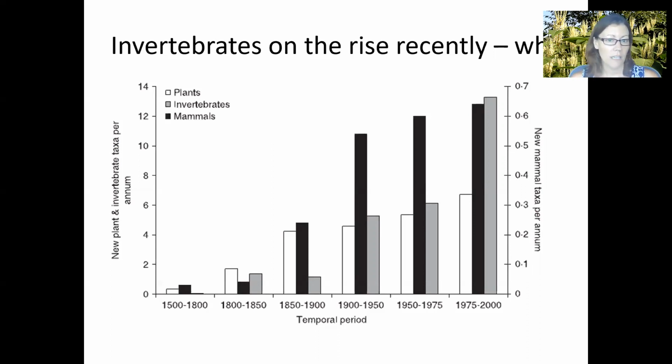Most invertebrates, and here we're talking about aquatic invertebrates as well as terrestrial insects, are not an intentional introduction pathway, and so those tend to be tied more directly to trade. So as international trade spiked in the late 20th century, so too did the accidental introduction of these invertebrates hitching a ride along with those commodities, or as stowaways in packing material or something like that.